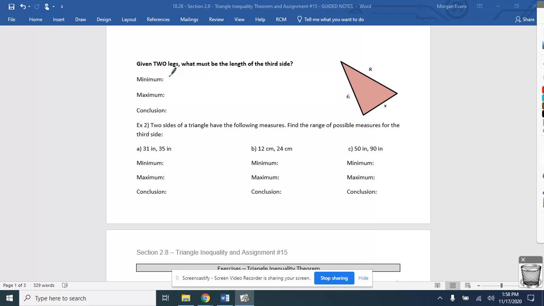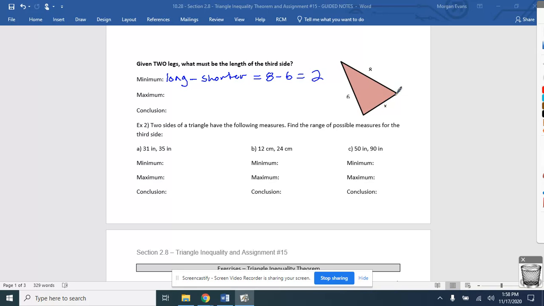We could say it's got to be our long side minus the shorter side. Would it be 8 minus 6 in our case, which is equal to 2. So our minimum length would have to be greater than 2.